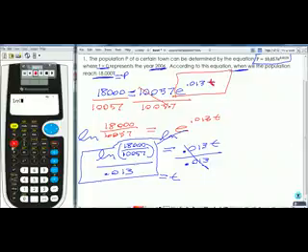So I have ln of 18,000, one too many zeros there, divided by 10,057, and all of that is going to be divided by my decimal 0.013.